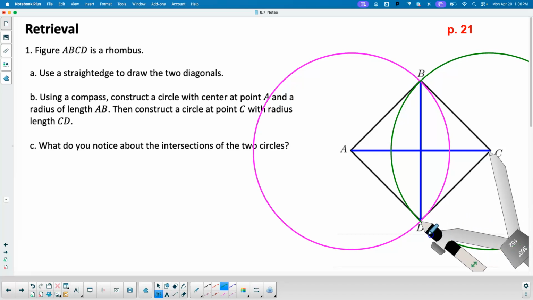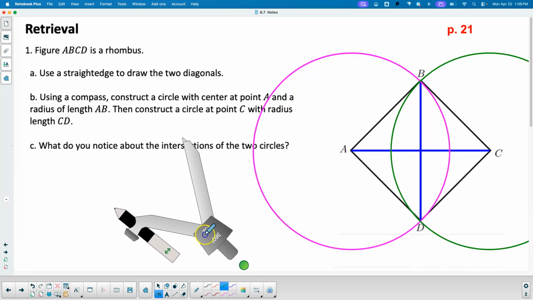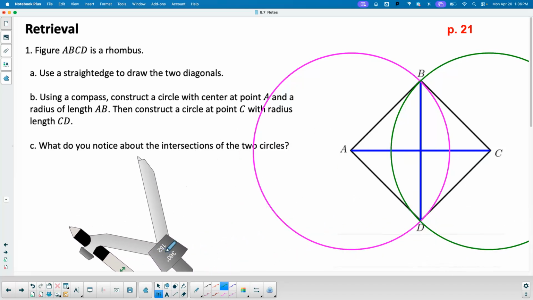And what do we notice about those 2 circles? What do you notice about the intersection points of those 2 circles? Pink circle and green circle, where do they intersect? At point B and point D, the other 2 points of the rhombus, right?